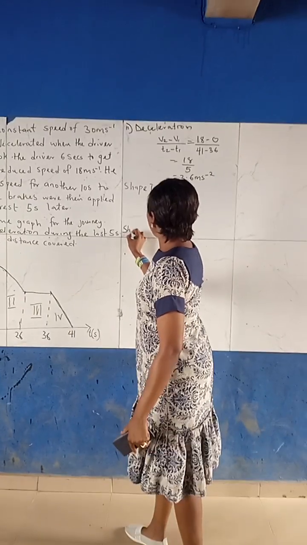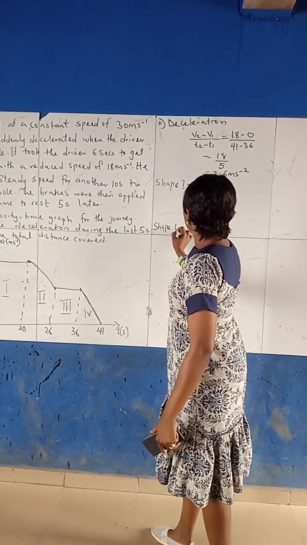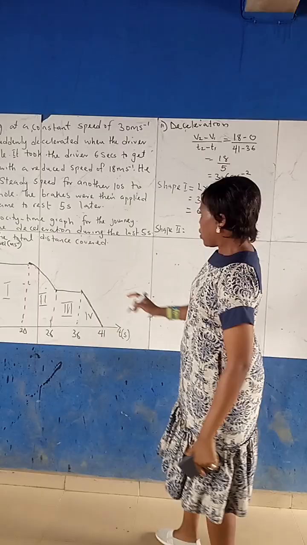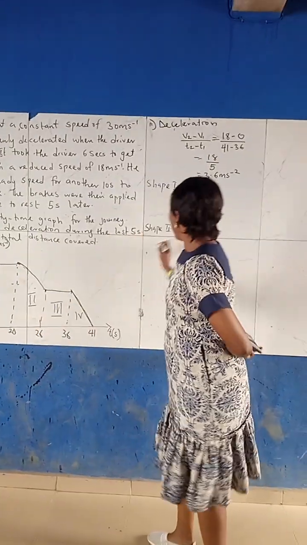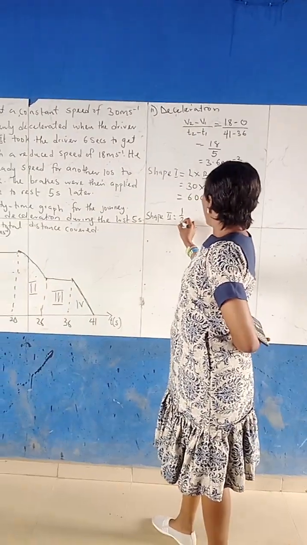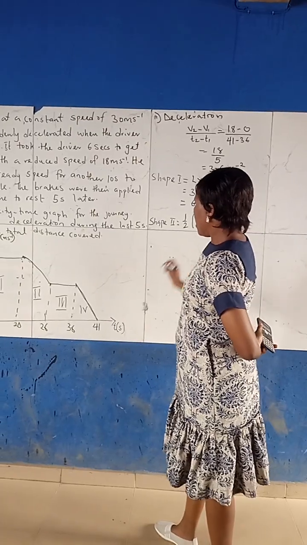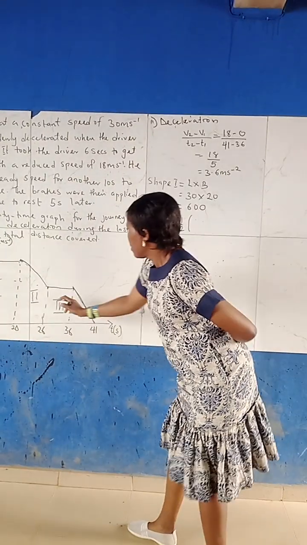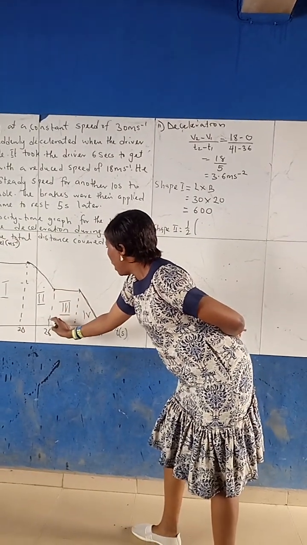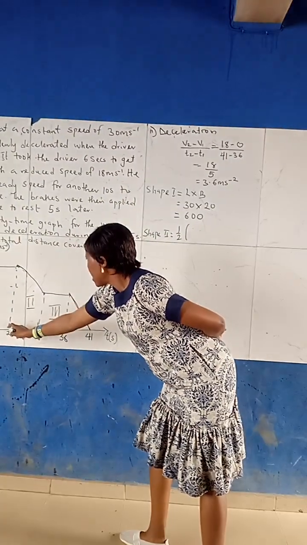Shape 2 is a trapezoid, and the area is half the sum of parallel sides multiplied by height. These are the parallel sides: I have 18 and then 30.